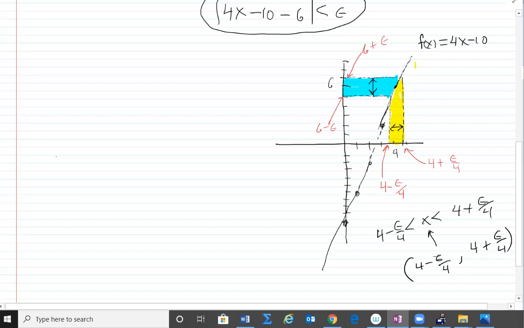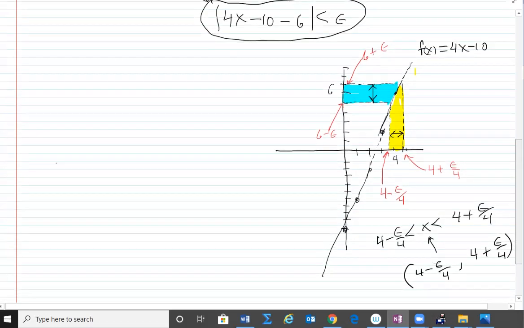And no matter how epsilon is chosen, I will still always make sure my x fits accordingly so that f of x will be between 6 plus epsilon and 6 minus epsilon. So that's the idea. I can get as close as I need to that number 6 as I want. I just have to shrink epsilon down, which then forces my interval for x to shrink closer and closer to 4.